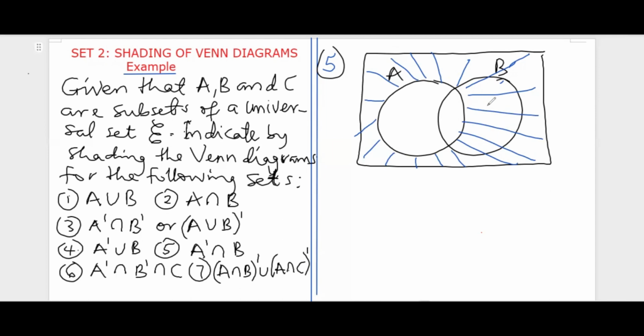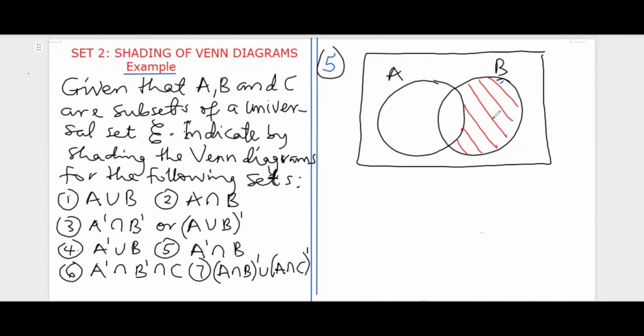So where the complement of A and B intersect is within this region. So that means A complement intersection B is within this region now. So that is A complement intersection B.